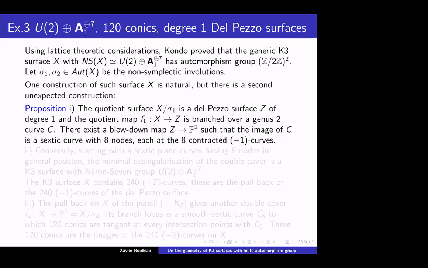And there is a blowdown map such that the image of the branch curve is a sextic curve with 8 nodes. At each of the 8 nodes are contracted -2 curves.